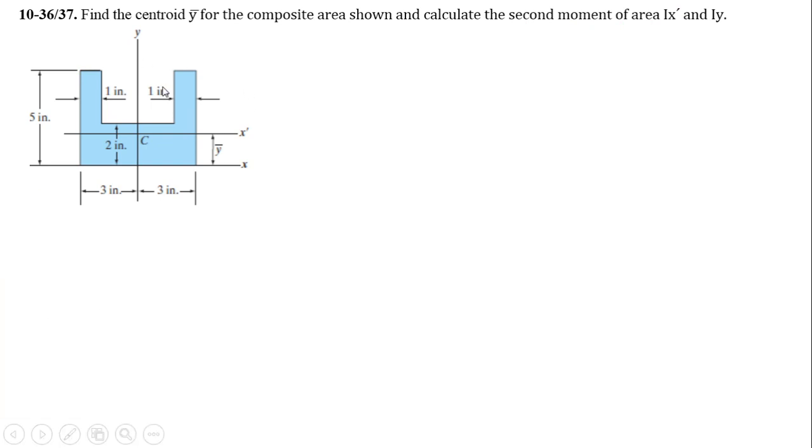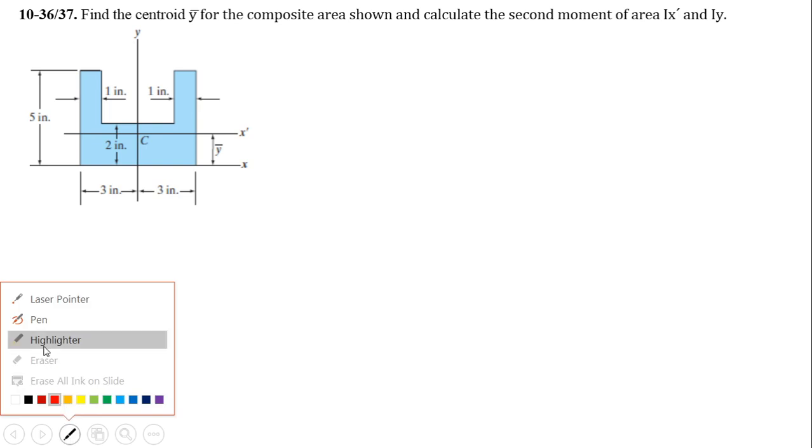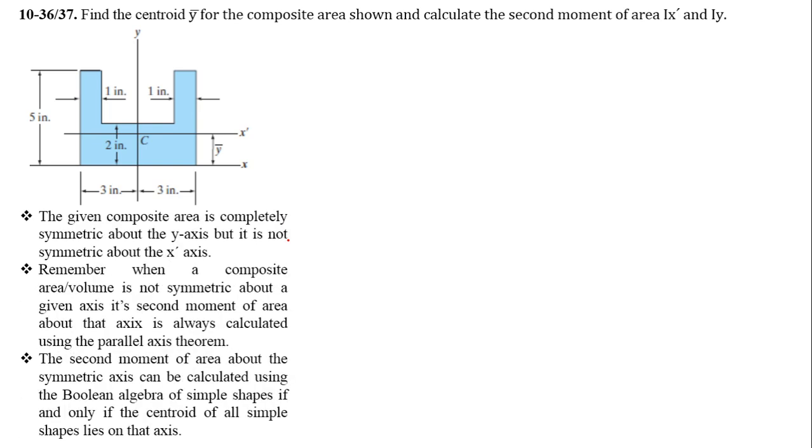Before we begin to solve this problem, let's notice a few things about it. You can see that the given composite area is completely symmetric about the y-axis. So about the vertical axis, everything is a mirror image. Whatever you have on the left hand side is exactly the same on the right hand side.